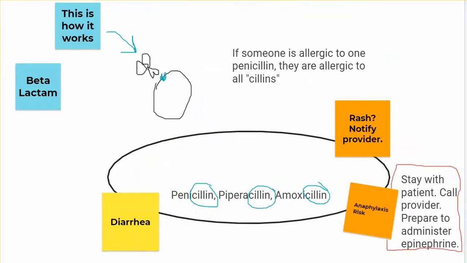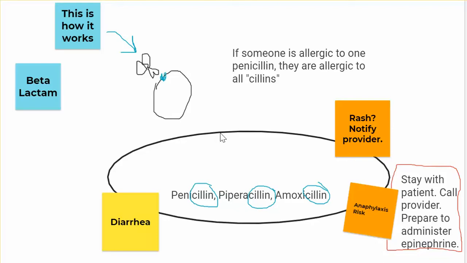So now we're going to move on to the penicillins. Penicillin is a beta-lactam antibiotic. It kind of cuts the beta-lactam ring that helps the bacteria, and so by cutting that ring, kills the bacteria.